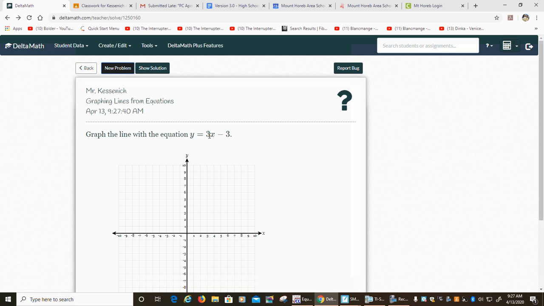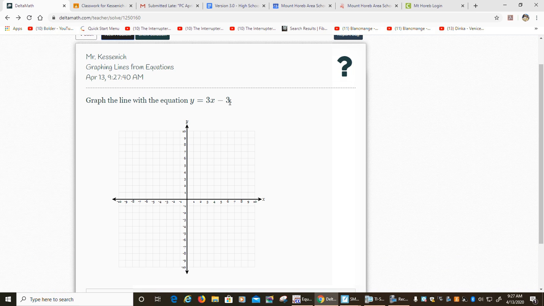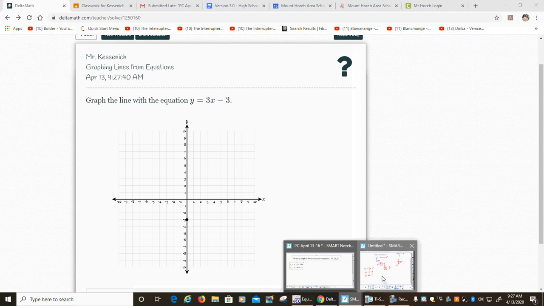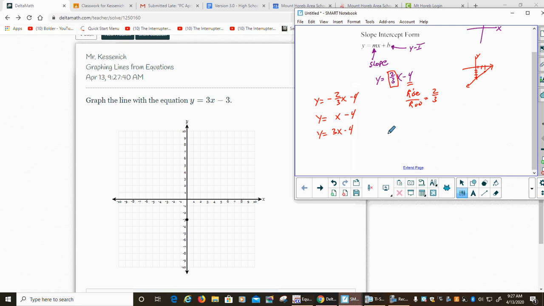What do you do if it's a whole number in front? Well, you always are starting with your y-intercept, which is -3. If your slope, which is m, is 3, because you're reading it from here, that's 3 over 1.